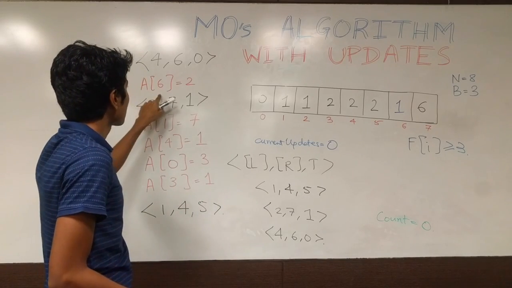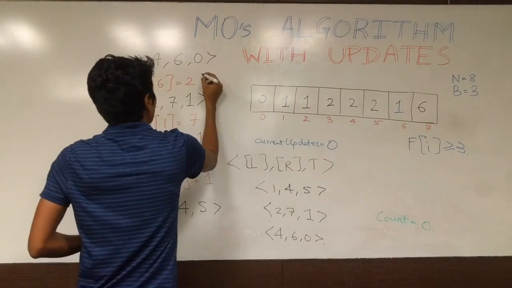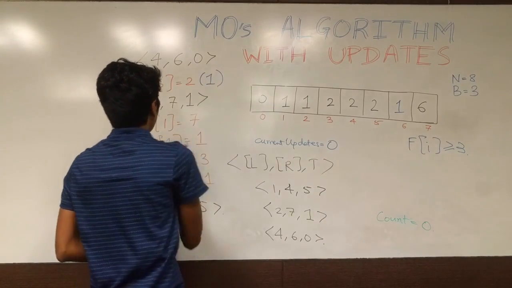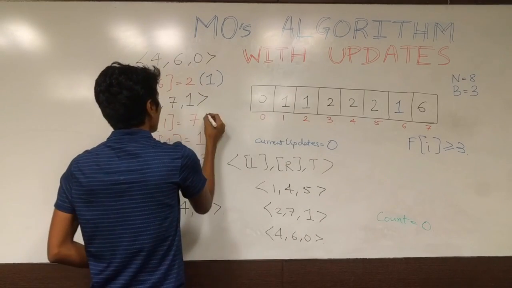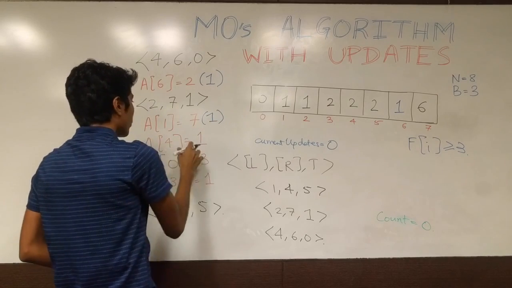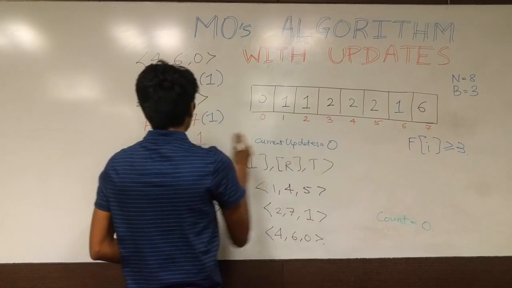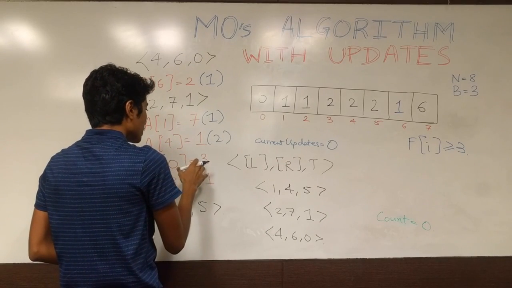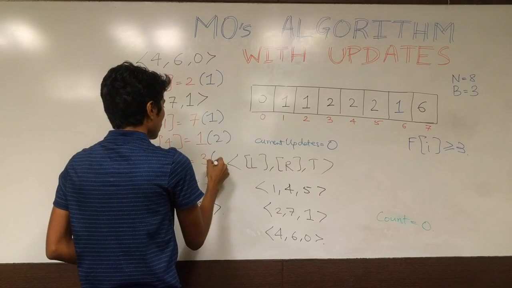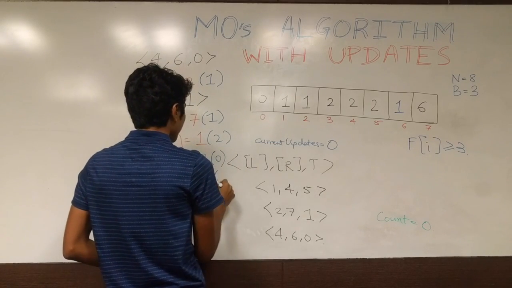So A of 6 becomes 2, was previously 1. So I'm writing that down in brackets. A of 1 becomes 7, was previously 1. A of 4 was previously 2, becomes 1. A of 0 was previously 0, becomes 3, and A of 3 was previously 2 and becomes 1.